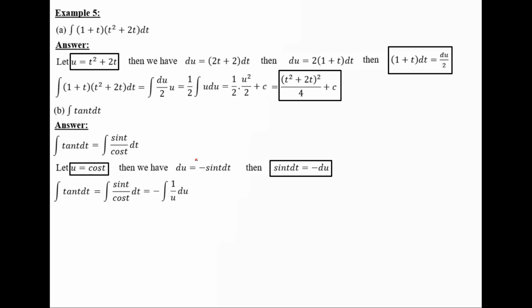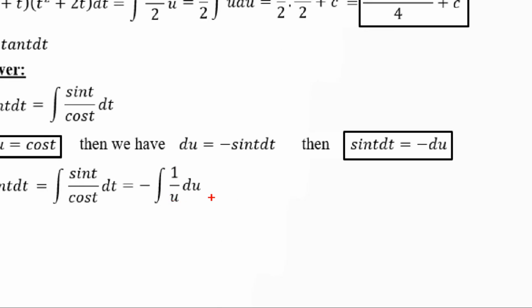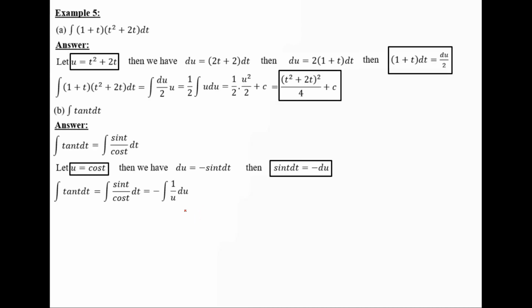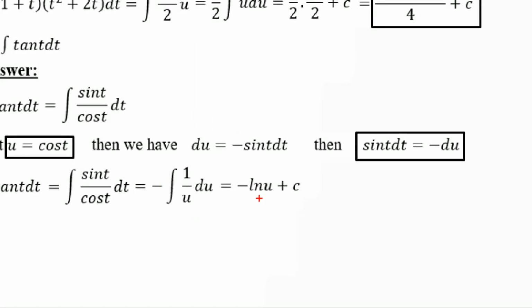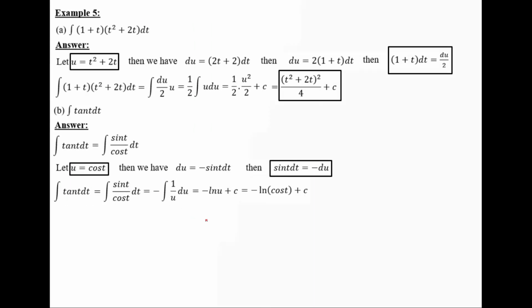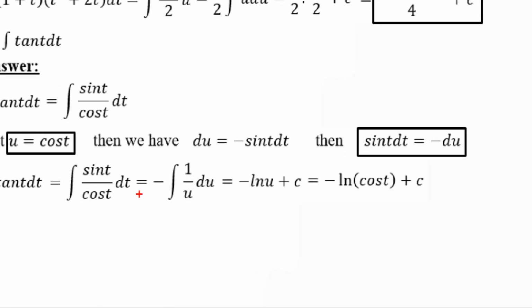The integral becomes negative the integral of 1 over u du, and that would be minus ln u, because we know that the integral of 1 over u is ln u. And finally the final answer should be parameterized by t, and we know that in this case u is given by cosine t, so we replace u by cosine t.